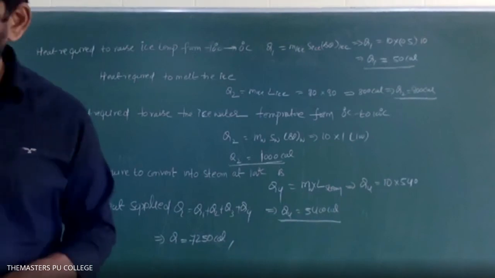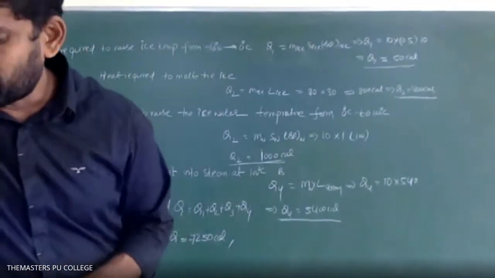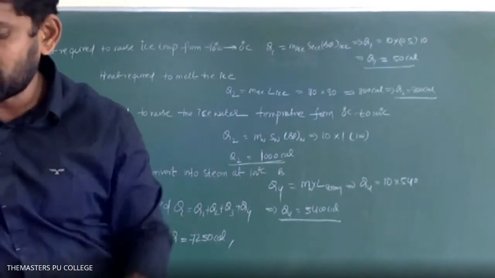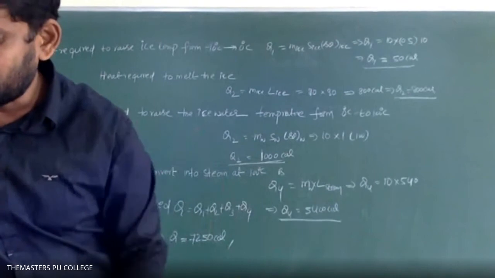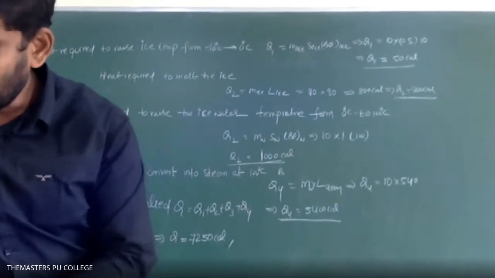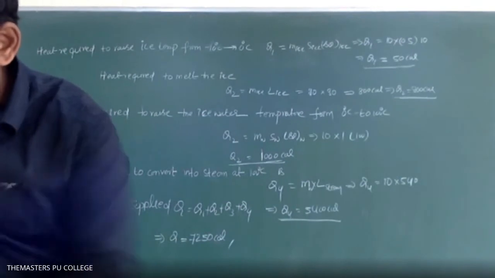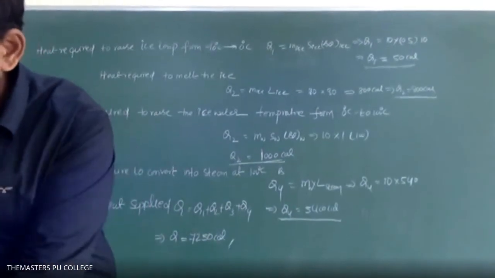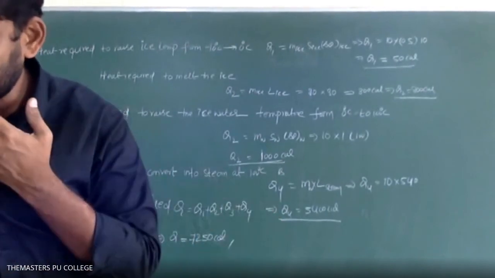Okay, so students, look at the problem. A piece of ice is there whose mass we don't know, which is at minus 5 degrees centigrade. Now, 4,200 joules of heat is given to that system.